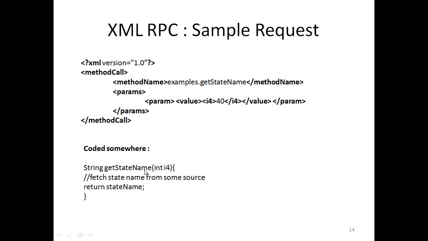State name. Then it will accept some parameters and it will be integer like here. So this is mapped to parameters and this is mapped to name of the function. So this is the sample request.